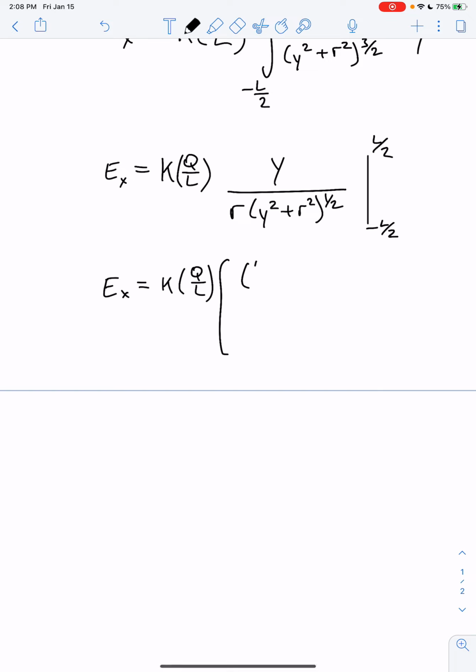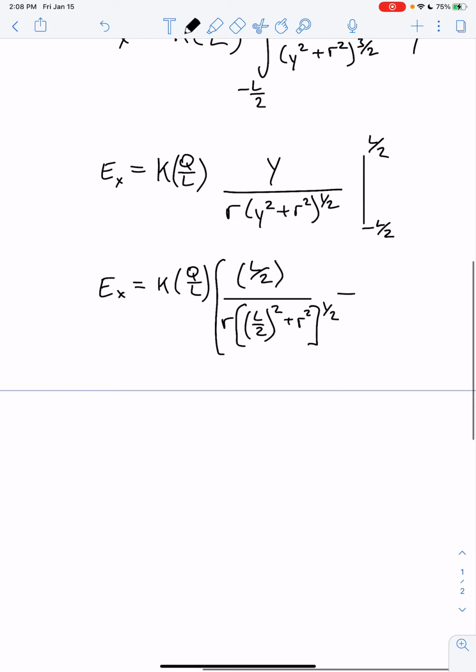So we've got an L over 2, and then got an R, L over 2 squared plus R squared, square brackets, 1/2. All right, and that's minus.